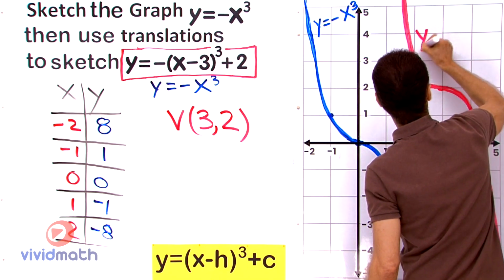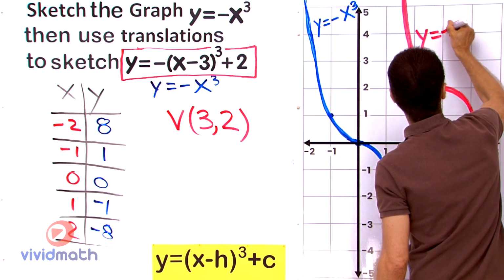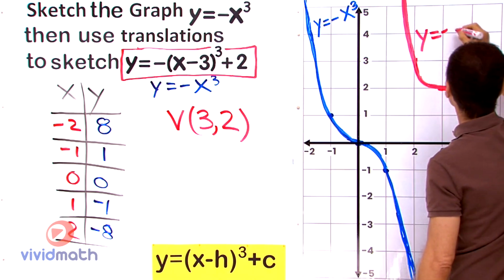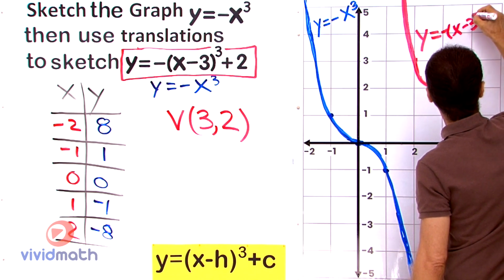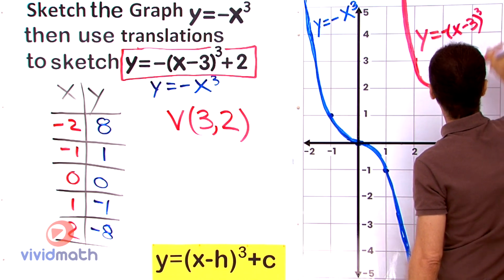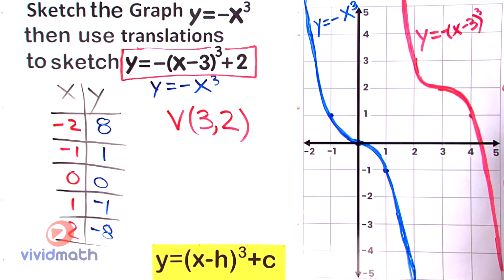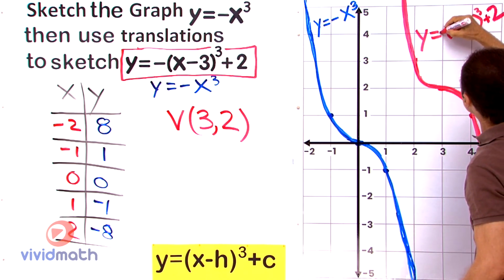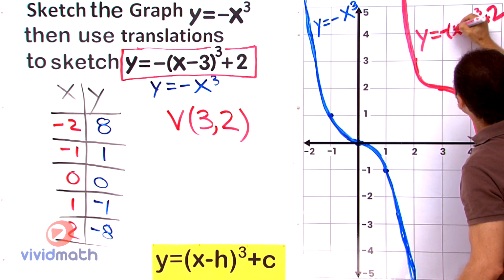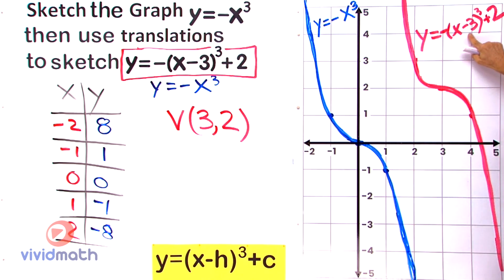And there we go. y equals negative (x minus 3) all cubed plus 2. That's a negative there.